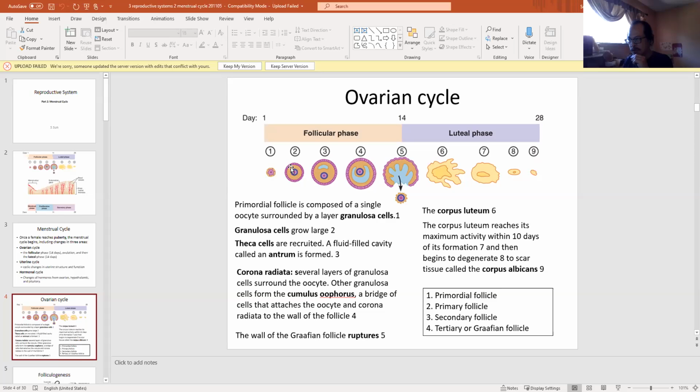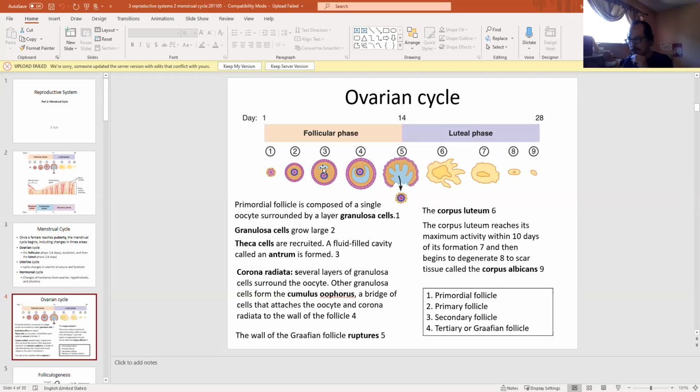So the folliculogenesis continues to grow, and when it grows, these follicular cells become larger, and we call them the granulosa cells. Then these granulosa cells start to form a liquid-filled cavity. We call it the antrum, right here.